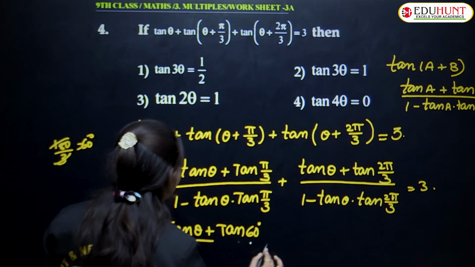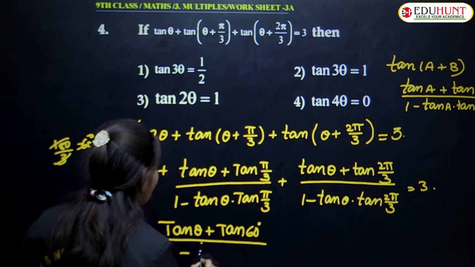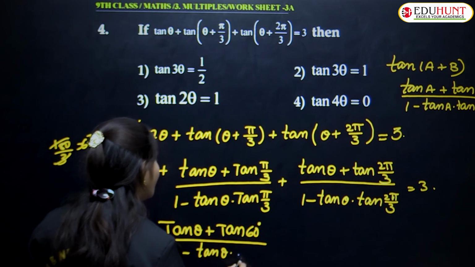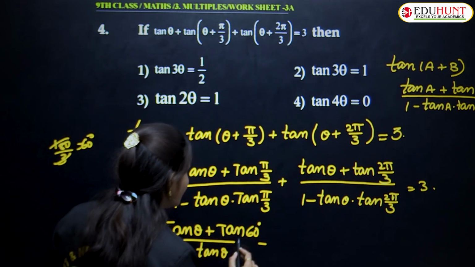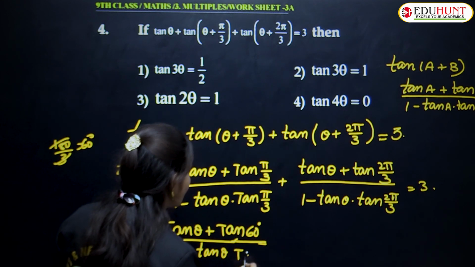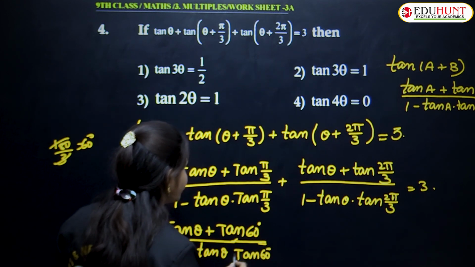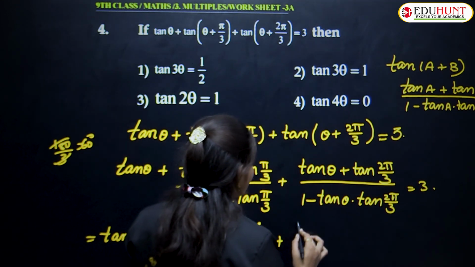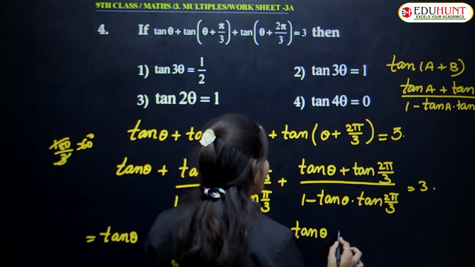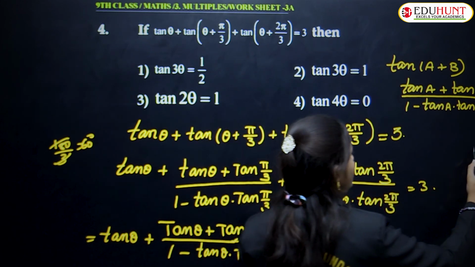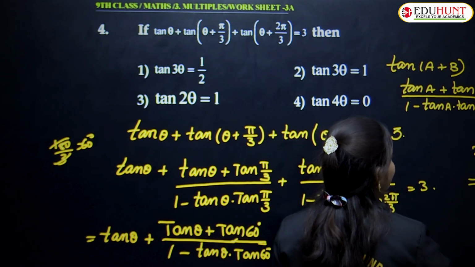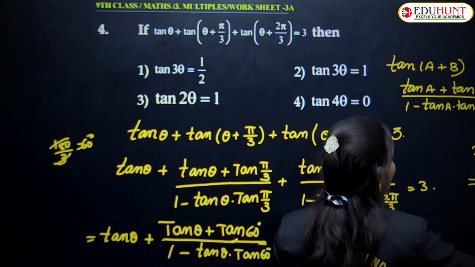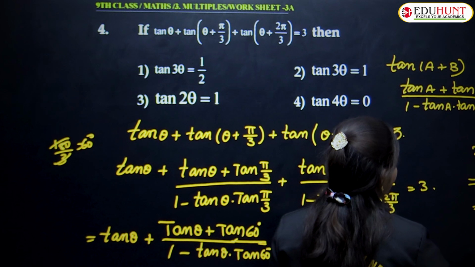Whole by 1 minus tan theta into root 3. So here, directly written, tan 60 degrees into tan theta. Plus here tan theta plus, this is 2 pi by 3, which means 2 into 180 by 3, that is 2 into 60, equal to 120 degrees.